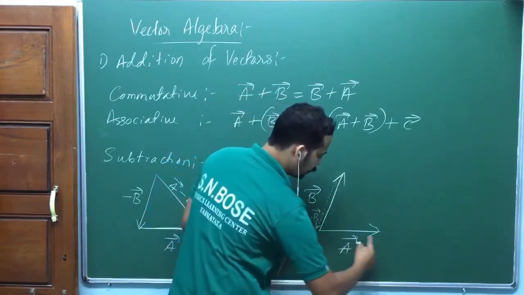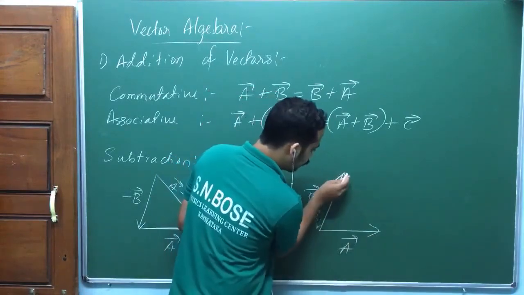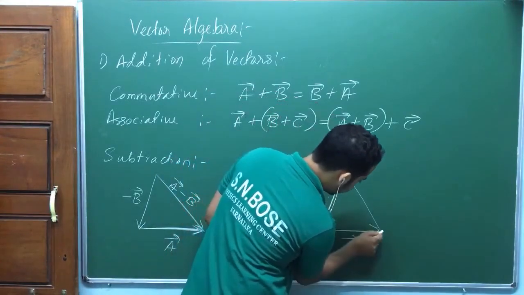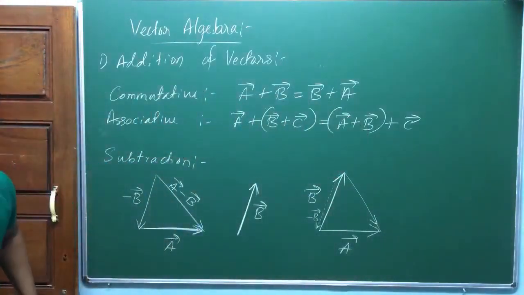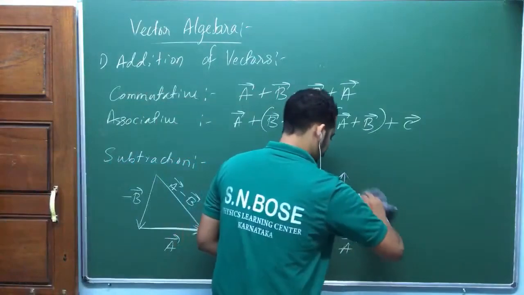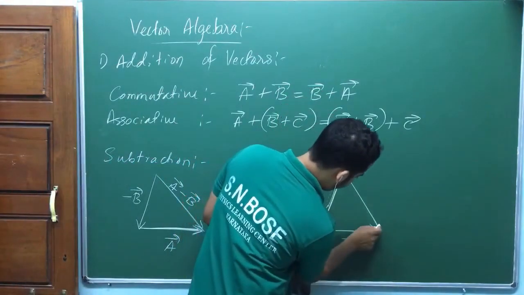Minus B plus A. According to your triangular law, you can draw like this. What is this one? Minus B plus A. Is that okay?